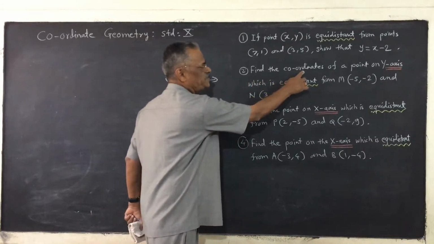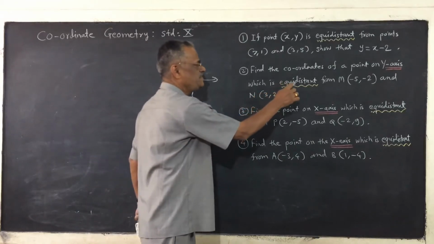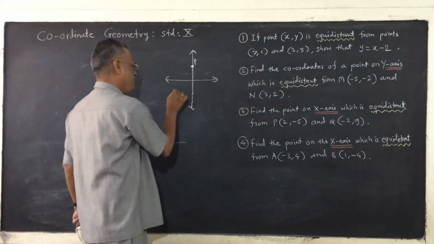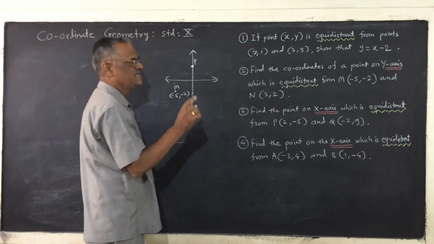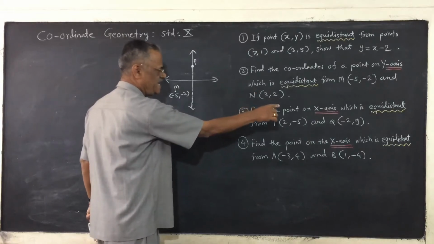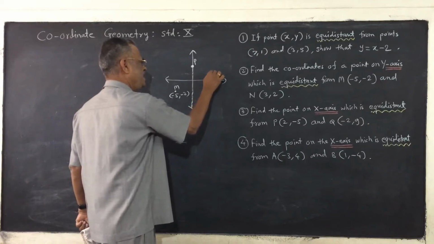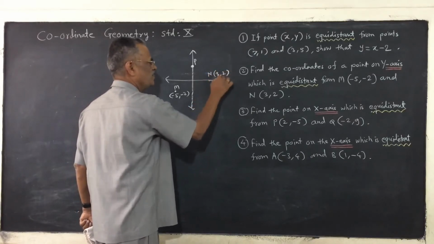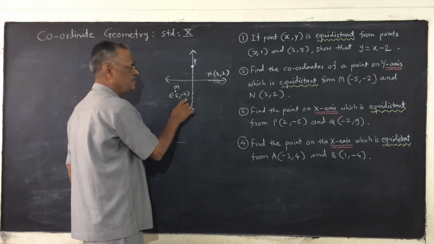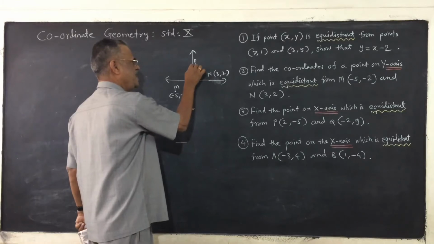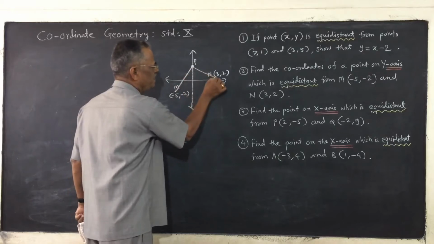The name of that point is not given, so you can consider the point P, which is equidistant from M and N. This is a rough diagram. N is 3, 2. M is negative 5, negative 2. So we have to see that point P is equidistant from M and N.